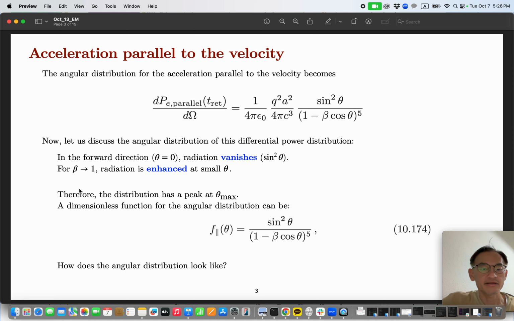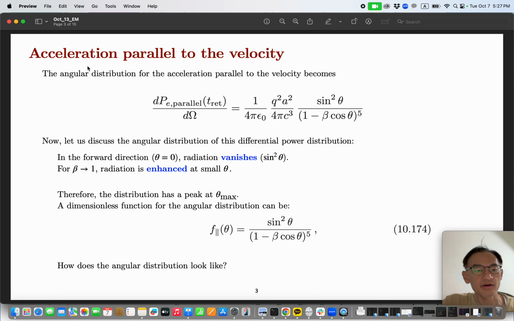So you can see that there is a peak at a certain angle, which we call theta max. To get theta max, we parameterize this term as a function of the angle theta. So we have sine theta squared and the denominator 1 minus beta cosine theta to the power of 5.